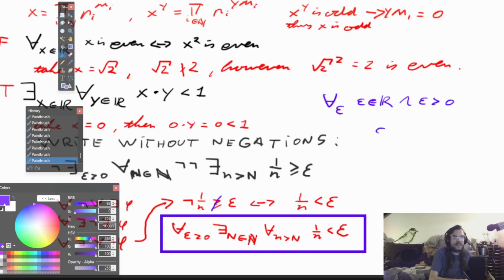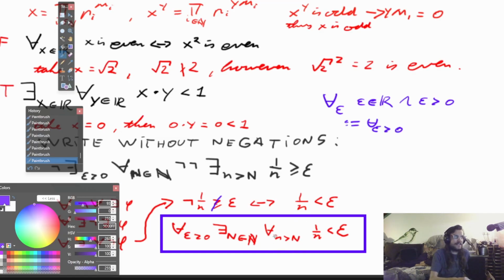You can also write epsilon is an element of R plus, if you are so inclined, but no one does that. We just write this, which is the same as saying all epsilon larger than 0.